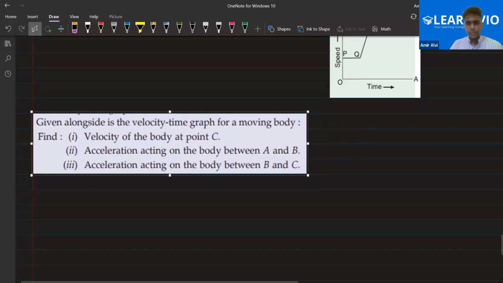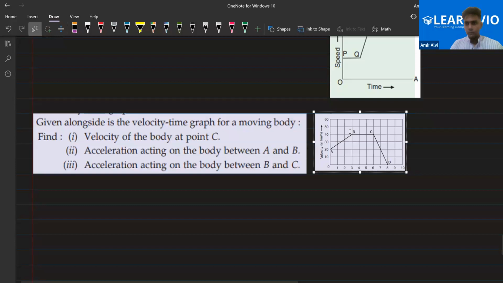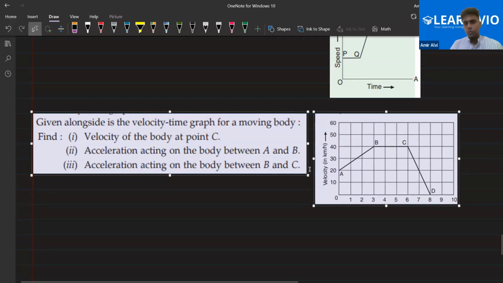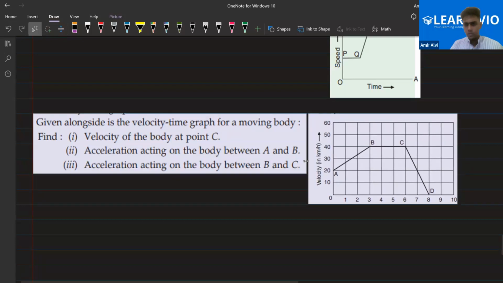Just a moment, let me paste the graph as well. Okay, so this is the graph given in the question. So this is the question, right?